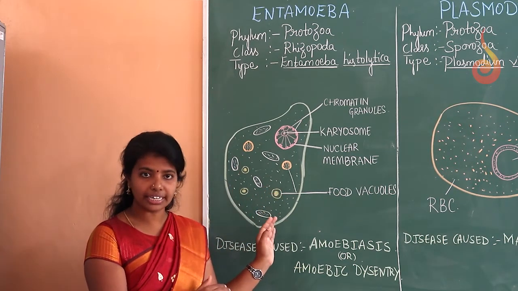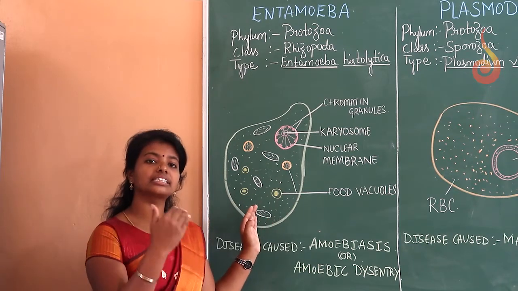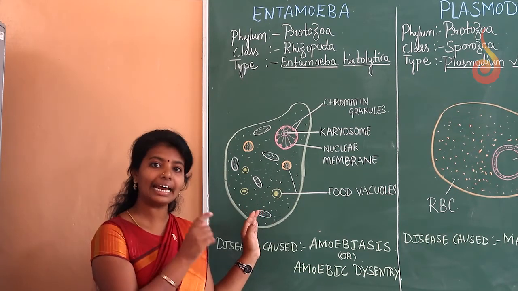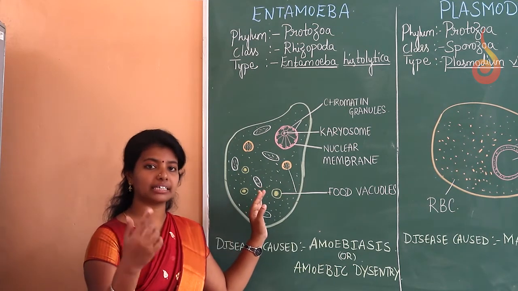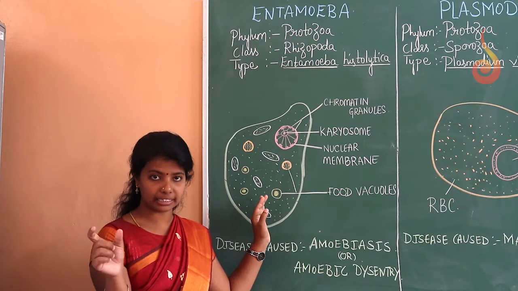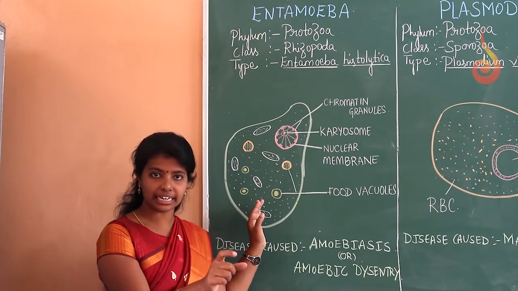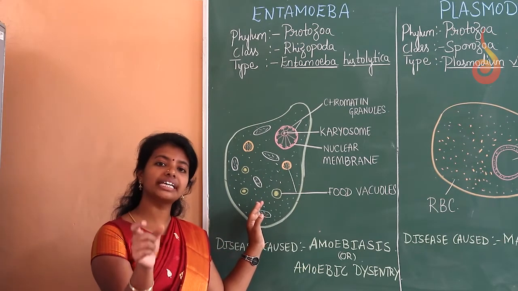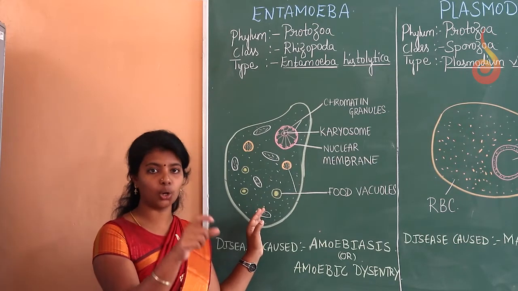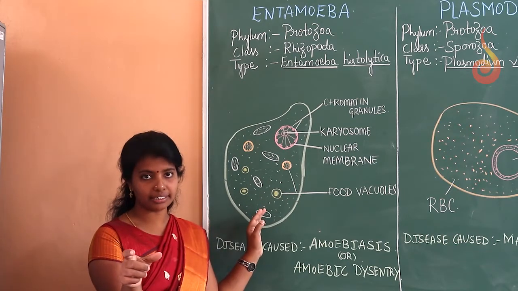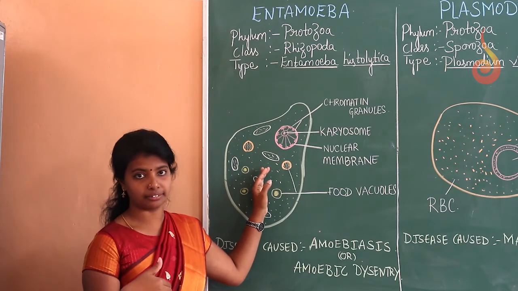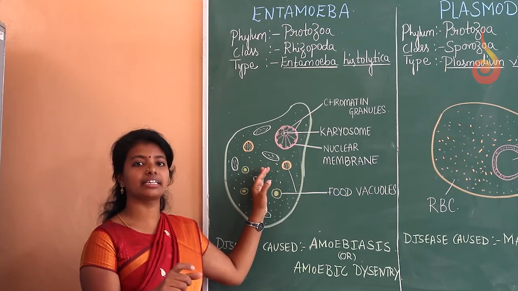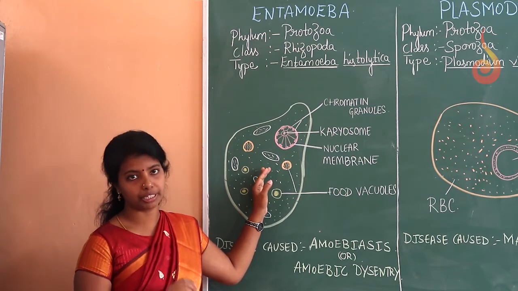So I can call it the diagnostic stage of the pathogen Entamoeba. And Entamoeba is an endoparasite. Endo means inside. Parasite means which lives inside the body of the host. So Entamoeba lives inside the body of human, actually in the intestine of human.